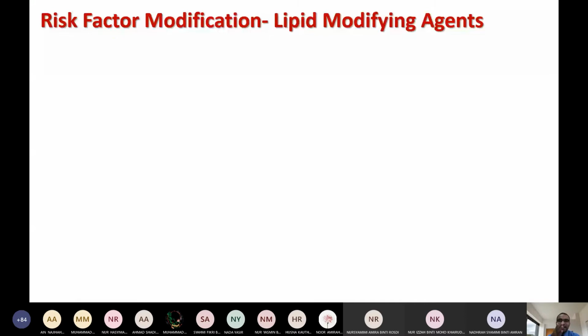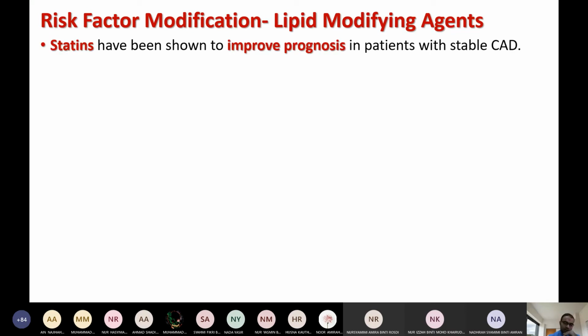Of course, if we say that atherosclerosis and lipid accumulation is the main pathophysiology, maybe the trigger in the development of ischemia, we have to think about the lipid modifying agents, and sometimes we call it lipid lowering therapy. This will be of utmost importance in any patient with ischemia, chronic or acute. Later on, we'll discuss this in detail.